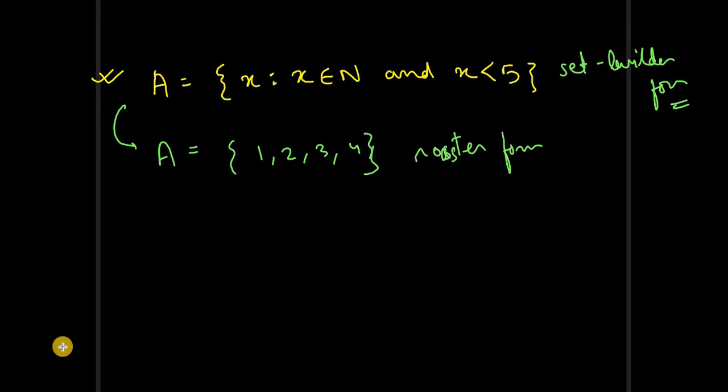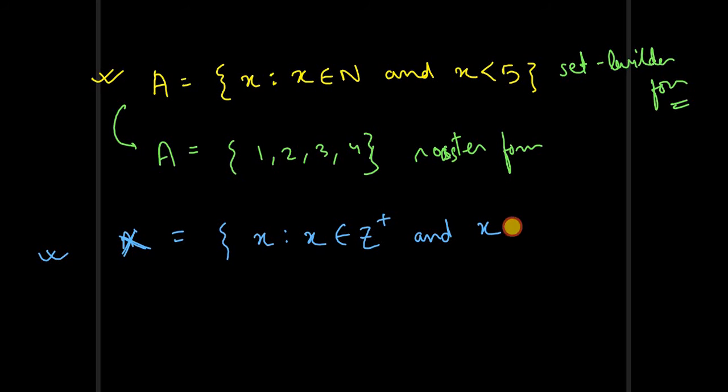Let's take another example. We take a set, let's say x, in which we write x such that x belongs to positive integers Z plus, and x is less than or equal to 7.